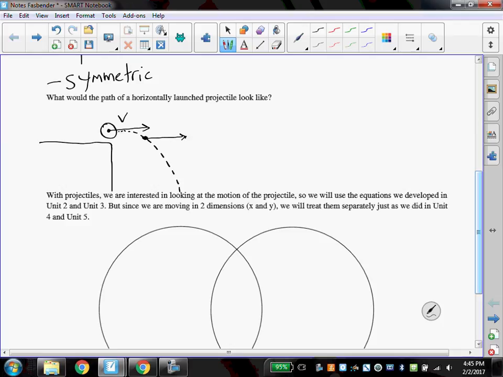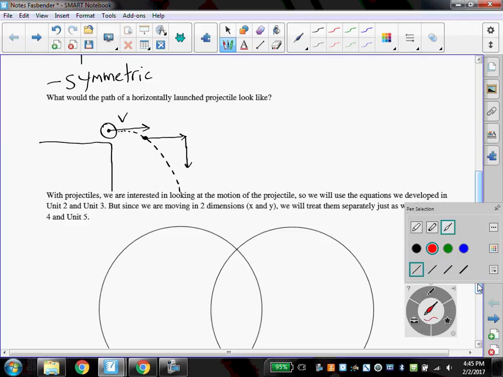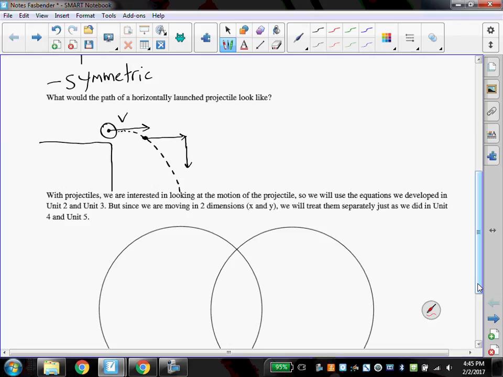So I'm going to add a little down arrow here to show that we also start moving down. And if we put these two things together in order to get the total velocity, we see that that total velocity is tangent to our path at that point.